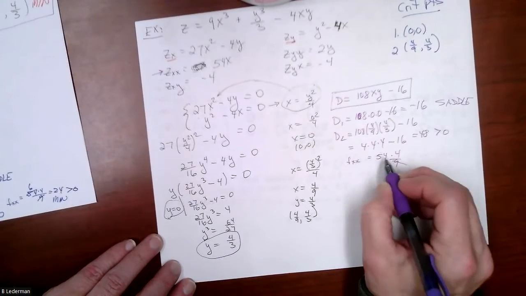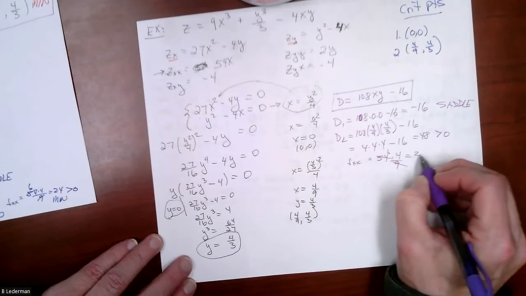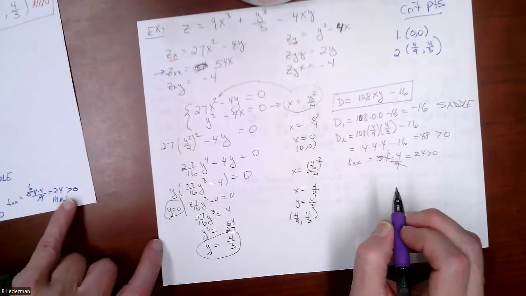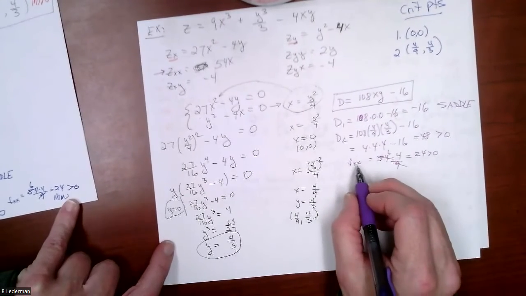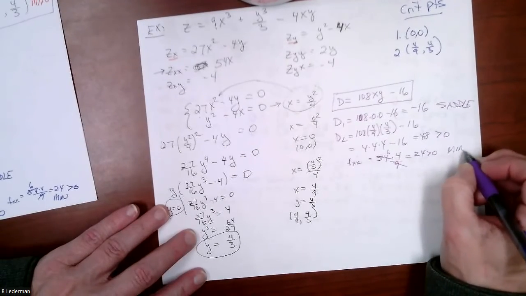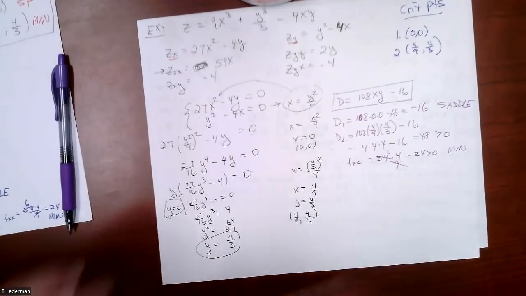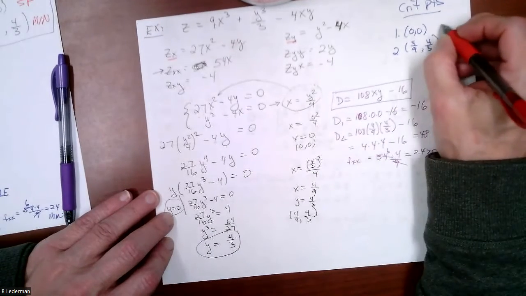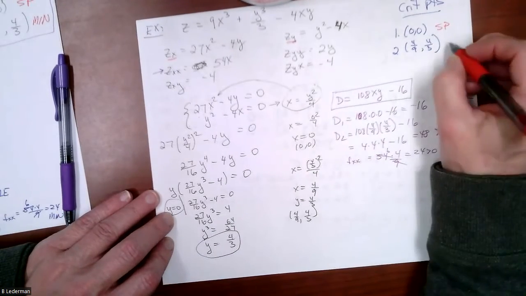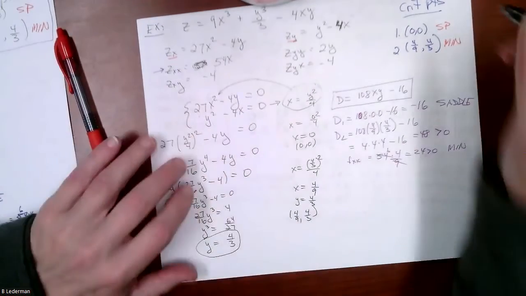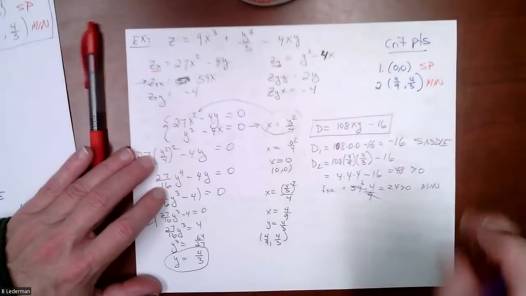This is 9, that becomes 6, that's 24, which obviously is positive. And because fxx is positive, we have a min on our hands. So let me fill in a little table here. This is a saddle point, SP, and this is a min.